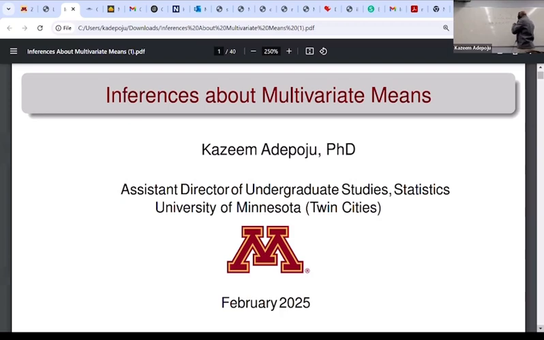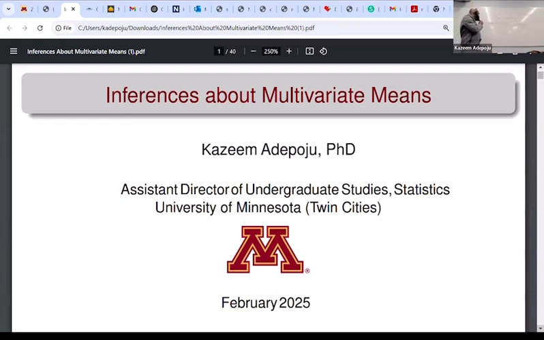So we are testing that the mu vector is equal to that. How do we actually conduct hypothesis testing like this? This is what we want to talk about in inferences about multivariate means.